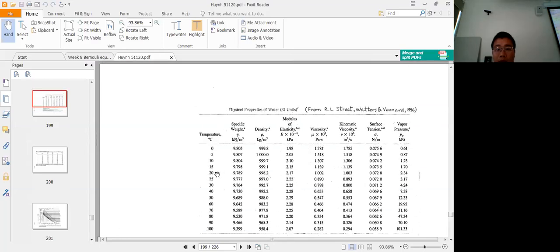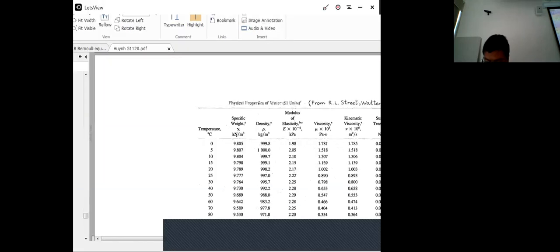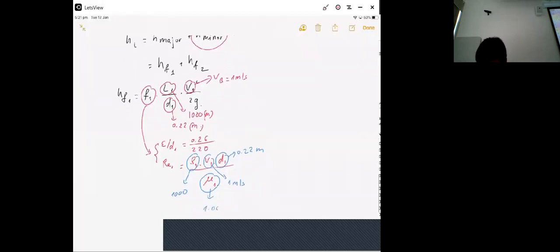For example, water at 20 Celsius has viscosity 1.002 times 10 to the minus 3. So from here, you have the Reynolds number.